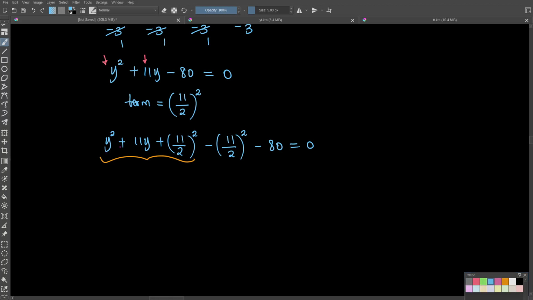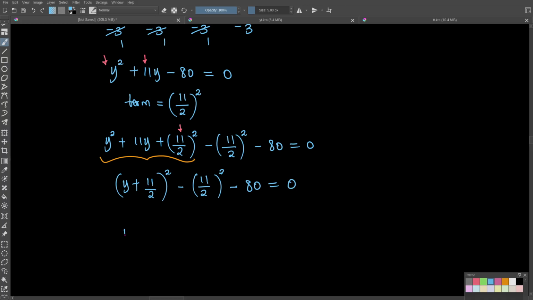So these first 3 terms now collapse to y, then plus this term here, the term being squared. So now this becomes y plus 11 out of 2 squared. And in fact, you can confirm if you expand y plus 11 out of 2 squared, you should be able to get the first 3 terms there. Okay, then we have, minus 11 out of 2 squared minus 80 is equals to 0.